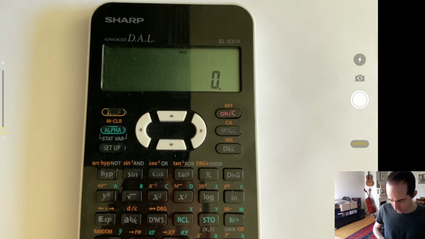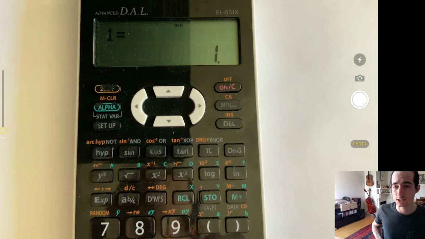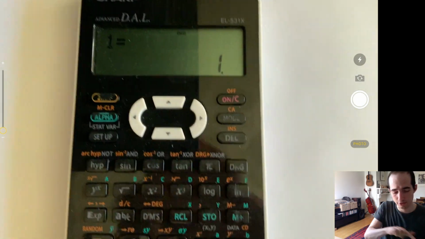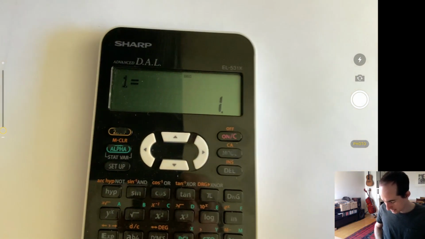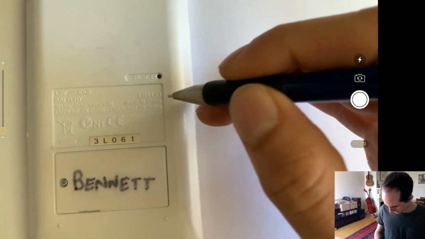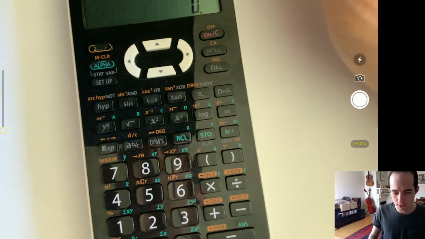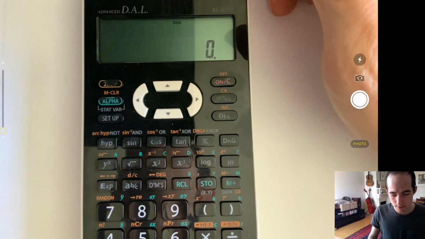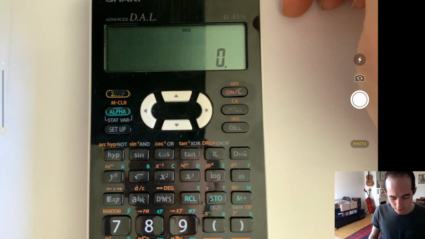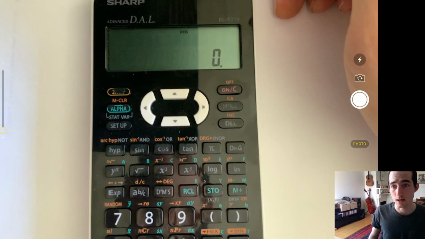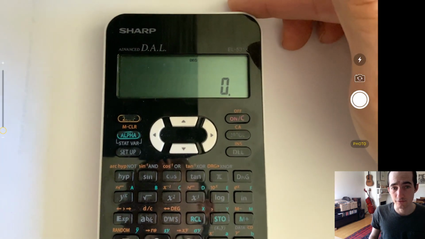Even if you write in 1, it'll write 1.000000 and fill the screen with zeros. It's kind of annoying. If you don't know how to reset that, just hit this reset button and it will go back to the default setting, which is degrees. Do a little hard reset, and that should fix your problem.